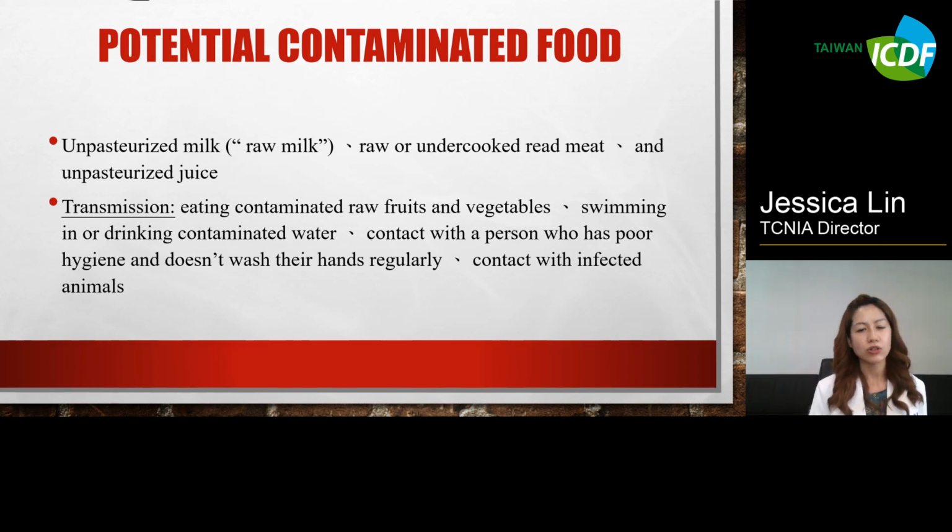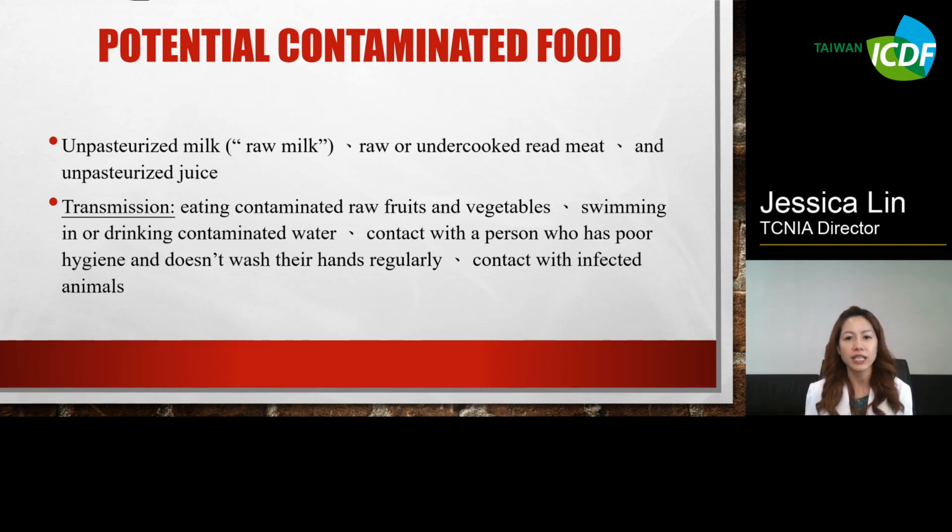Potential contaminated food includes unpasteurized milk, which is known as raw milk. Most of the milk that we drink at home these days is pasteurized. The ones that you buy in the supermarket or in the convenience store usually underwent pasteurization.